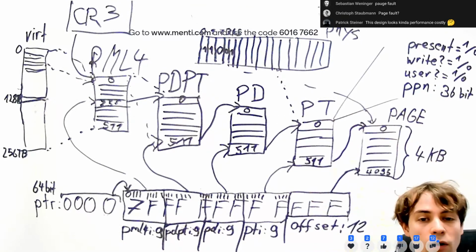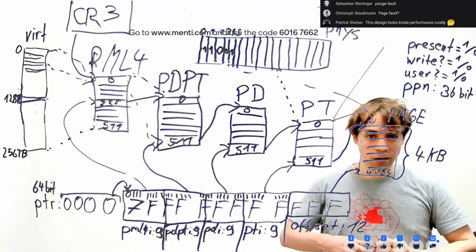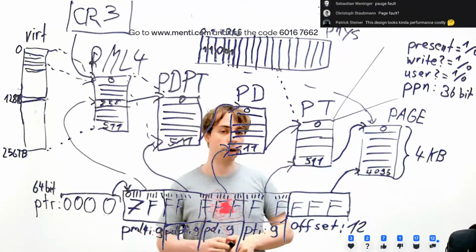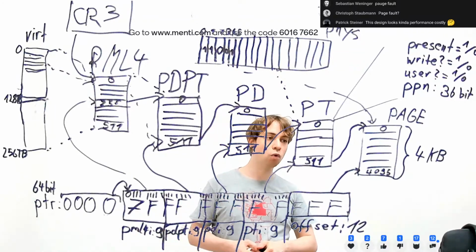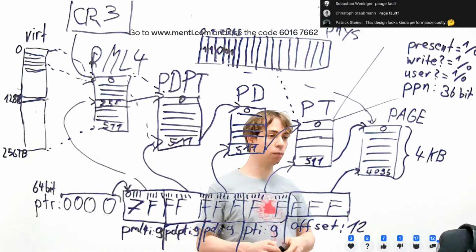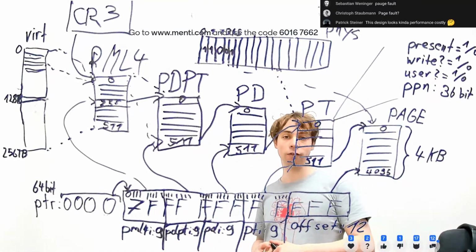For these, again, an overhead of 4 kilobytes. So for each layer, we have an overhead of 4 kilobytes divided by 2 megabytes. So that means we have an overhead of 1 divided by 512.